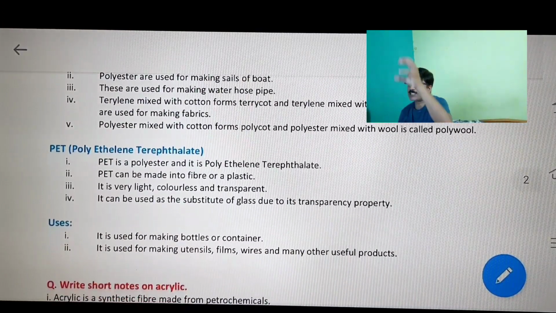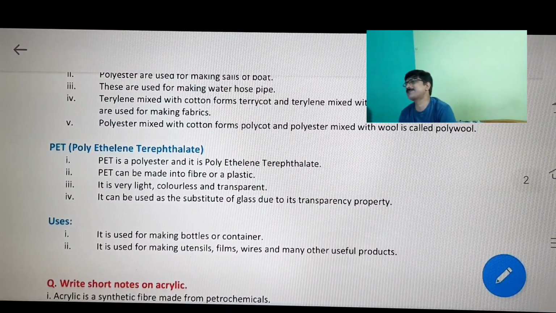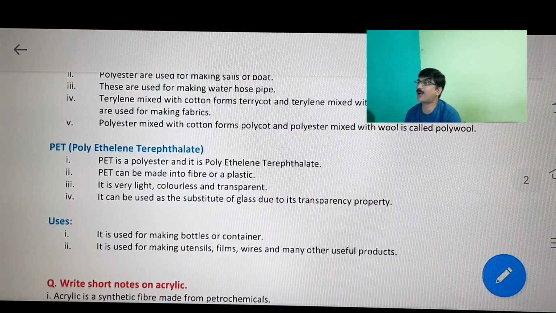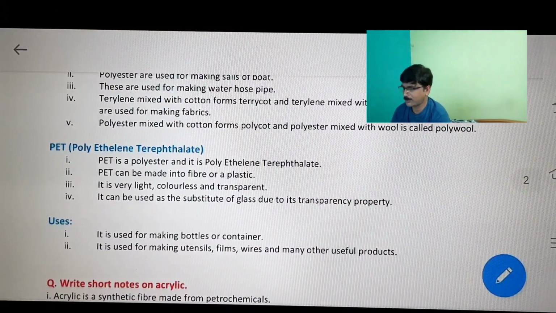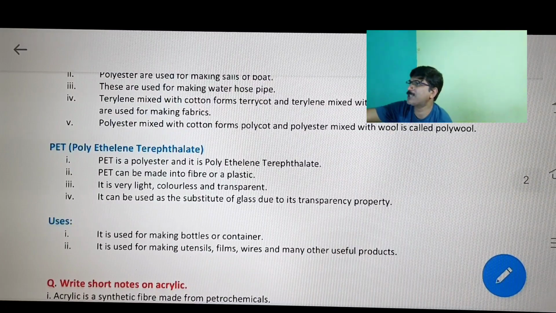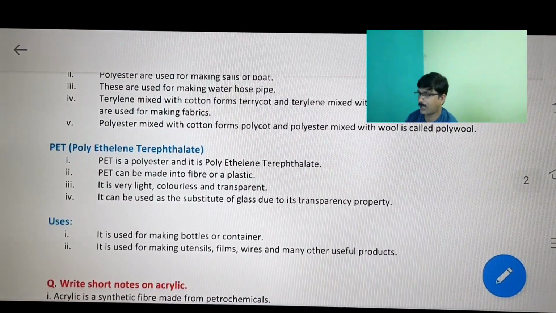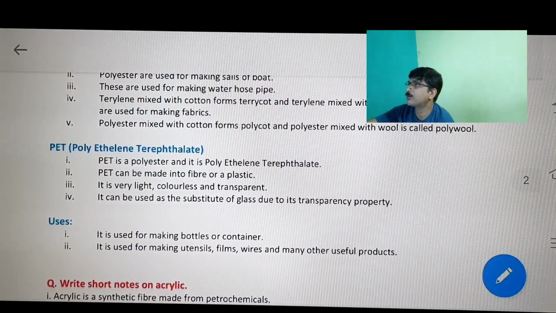Then we will go for the PET, that is your polyethylene terephthalate. Polyethylene terephthalate is a polyester, and this PET can be made into fiber or plastic. And the most important thing about PET is that it is very light, colorless, and transparent in nature.